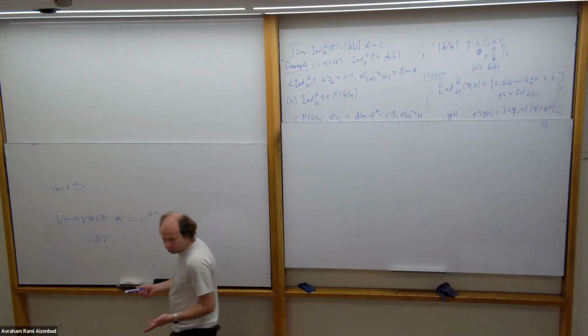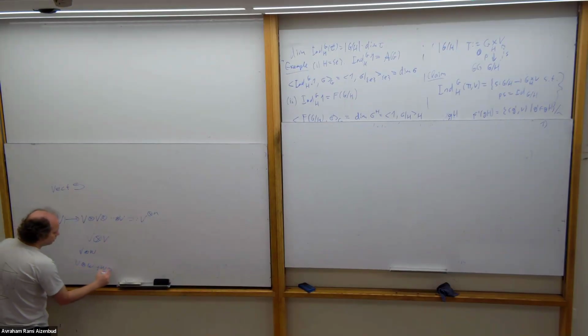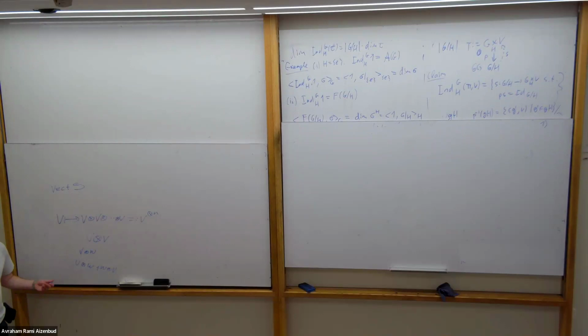And here in the tensor product, you also can define symmetric vectors and antisymmetric vectors. Symmetric vectors are combinations of vectors like this, and antisymmetric vectors are combinations of vectors like this.